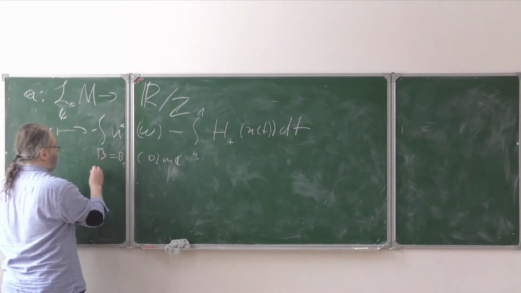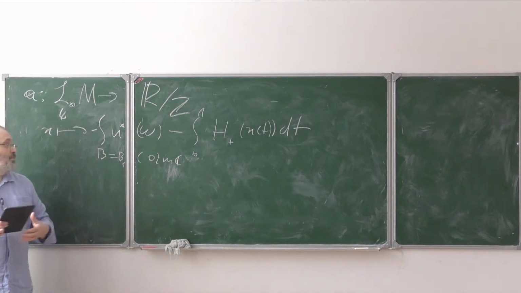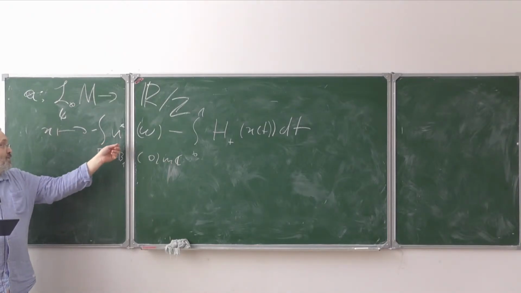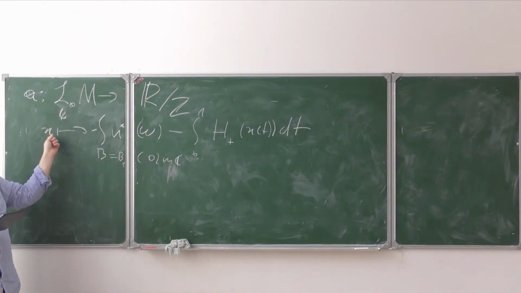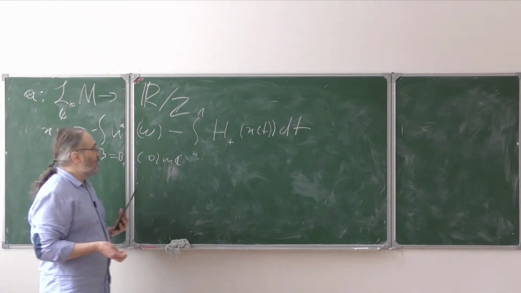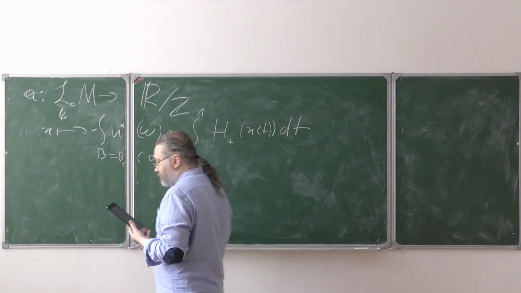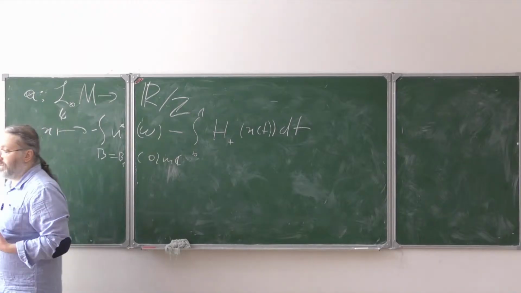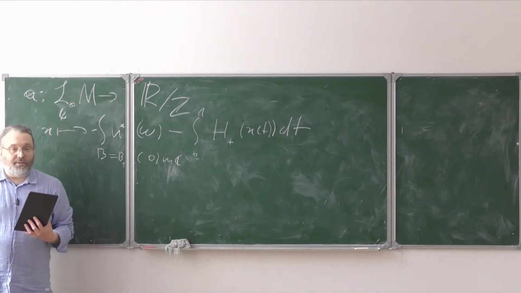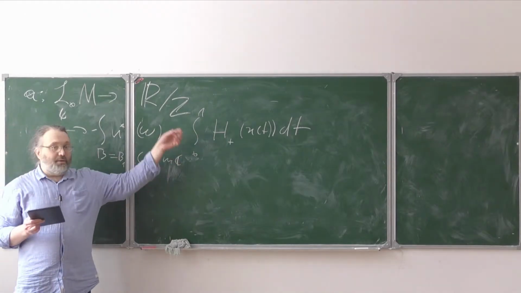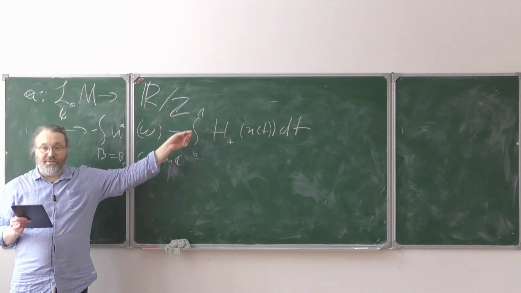U is a map from the unit disk inside C, which extends X. What is HT? HT is basically a given family of functions on M. Does the notation make sense?